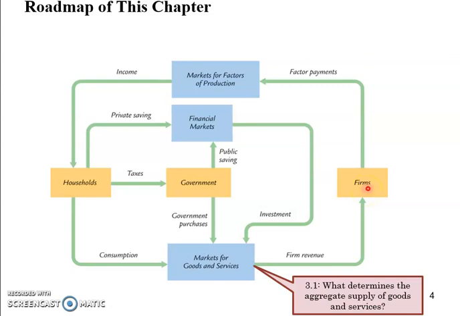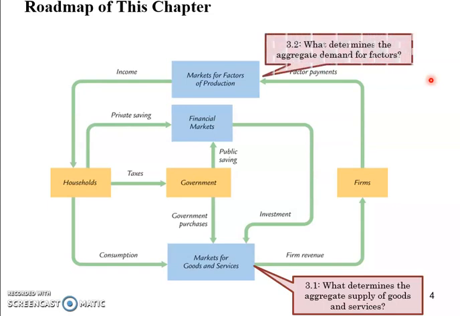To be able to do that, they turn around and go to the market for factors of production, because they need labor, land, machinery, equipment, and technologies to be able to produce. So the firms are going to be on the demand side of this factors market.